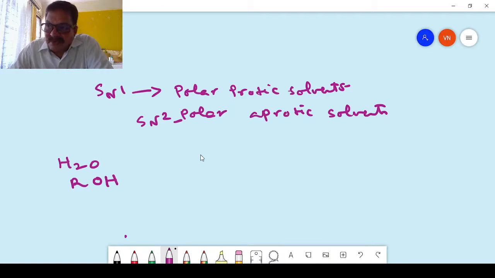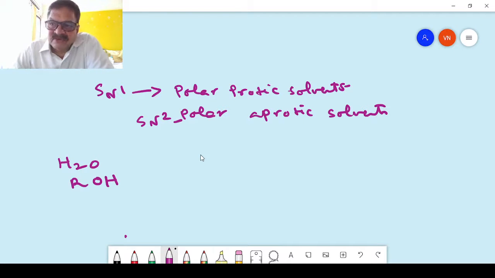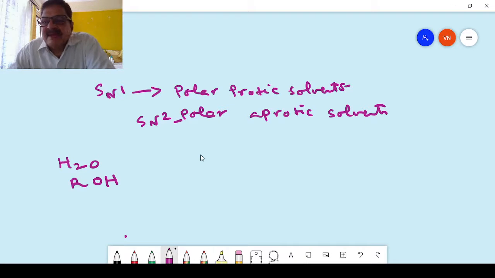That is, in aprotic solvents we have only dipole interactions, but no hydrogen bonding. As a result, they do not solvate anions well, so the nucleophilicity is affected.